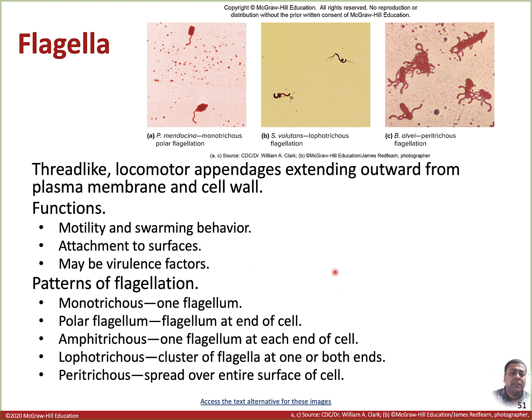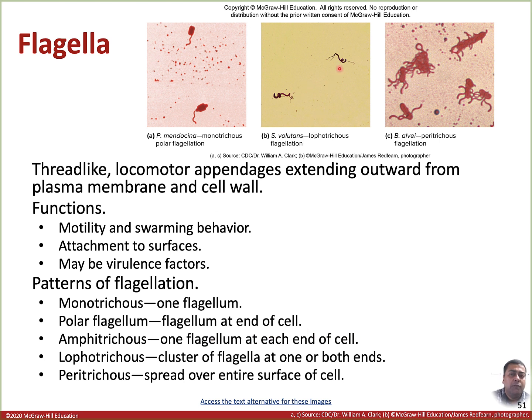And there are many patterns of flagella. For example, if a flagellum is attached at one end, it is called monotrichous. You can also call it a polar flagellum; polar means only at one pole. It's not shown here, but if you have a flagellum at one end and the other, we call that amphi. Amphi means both. Amphitrichous means one flagellum at each end.